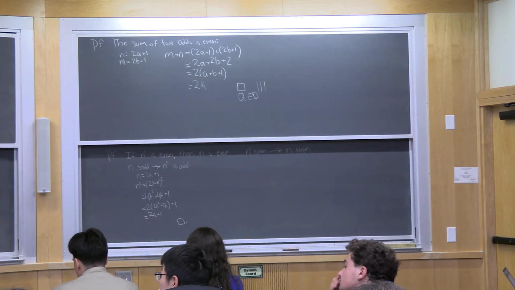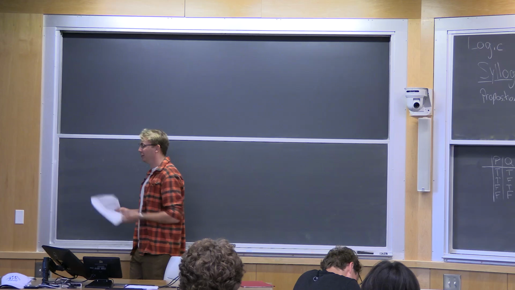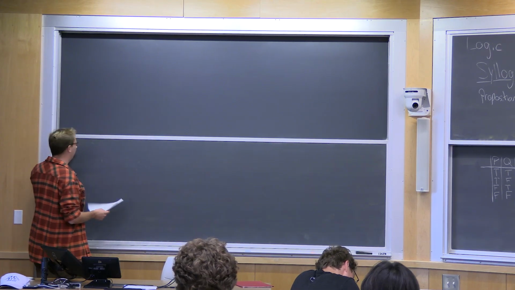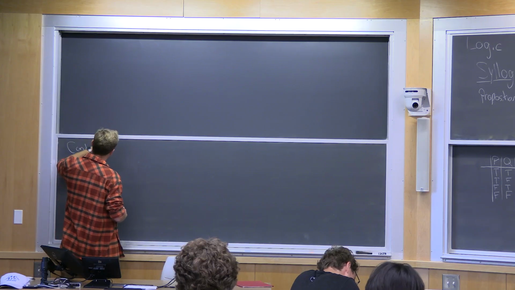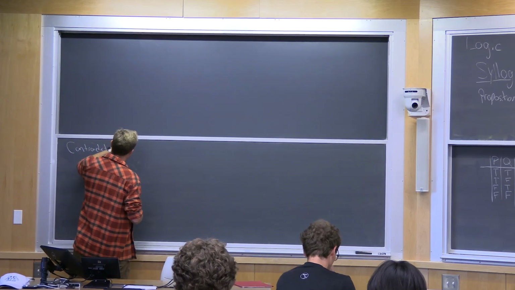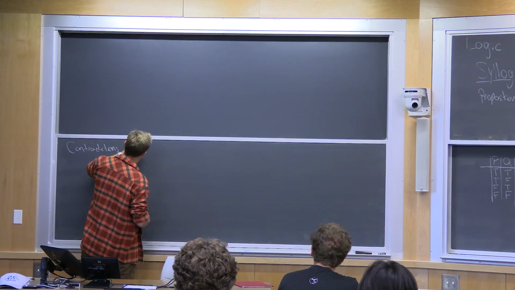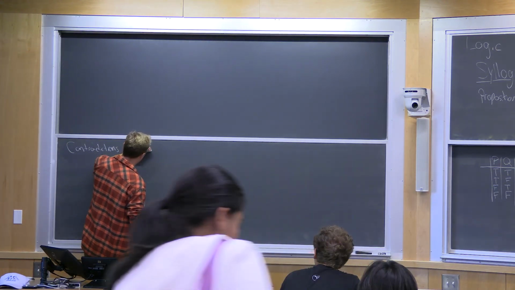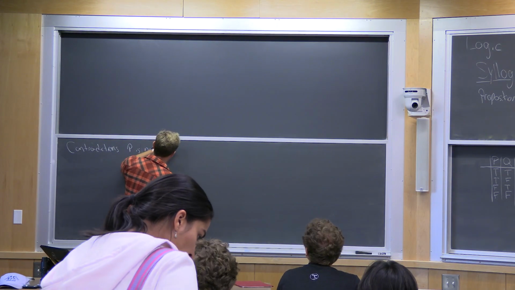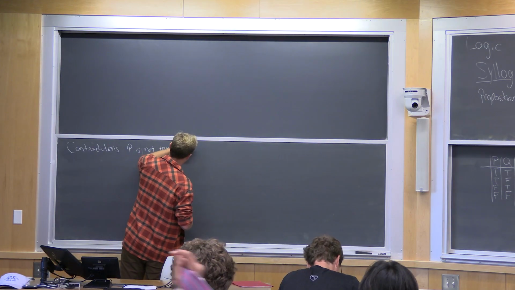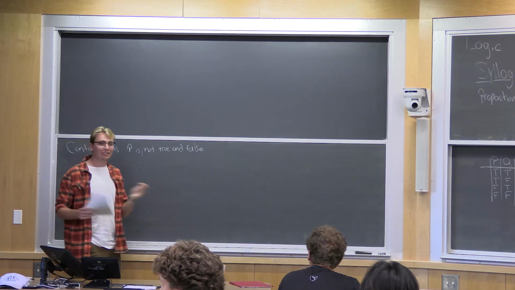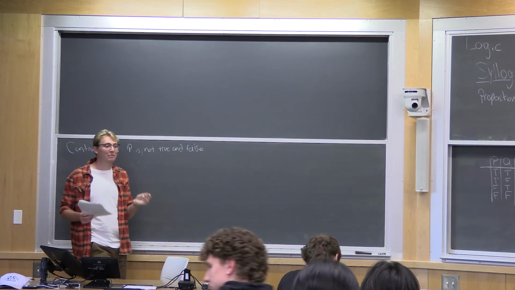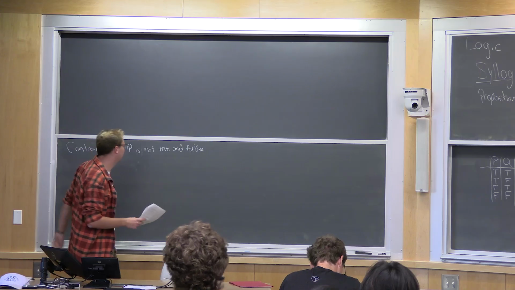So for contradictions, we do not allow logical contradictions in math. So a statement P cannot be both true and false. So why is this? Well, let's assume that some statement P is true and false.